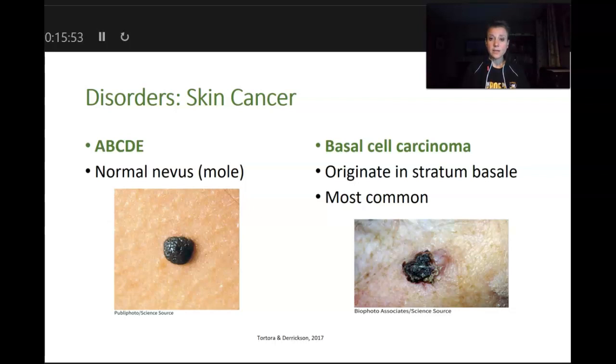This kind of carcinoma is often found on sun-exposed areas of the face, and it is slow growing. It's not going to spread very easily, and so as long as it's removed as soon as possible, then the chance for being cured of this certain kind of carcinoma is very good.